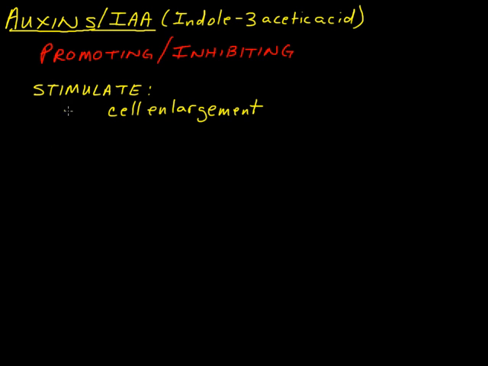They also stimulate, in conjunction with another plant hormone, cell division, or mitosis. At very low concentrations, they also stimulate root development, or root growth. And again, that is low concentrations.